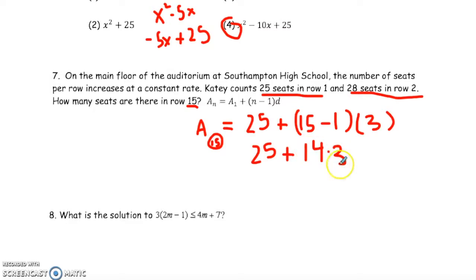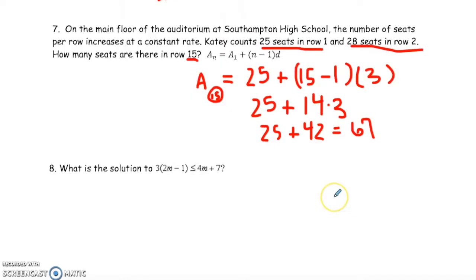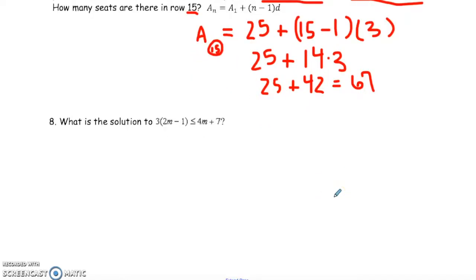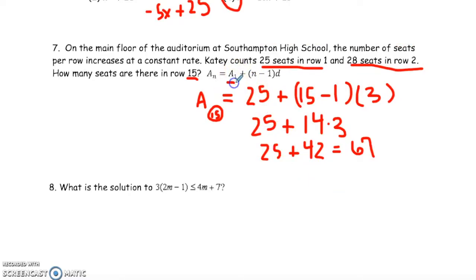You're obviously going to do the 14 times 3 first, and I believe that's 42. So 25 plus 42 is going to be 67. 67 seats. So you're just using this formula. This is the first term, this is your common difference, and then this is whatever row you're looking for.